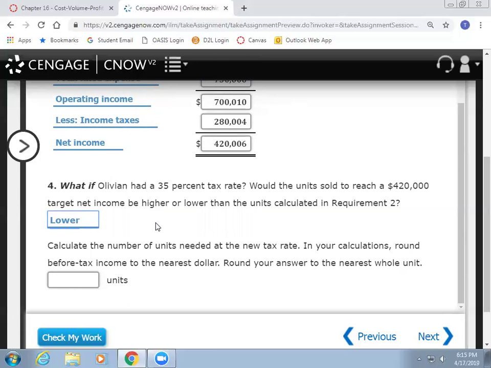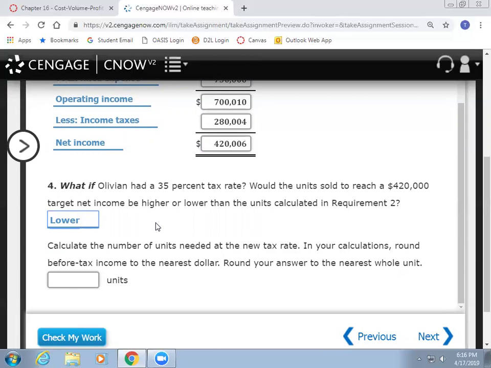Deceiving. So we still want the 420,000 after tax, but now we're dividing by 1 minus 0.35 because we have a lower tax rate. So in other words, we're dividing by 0.65.